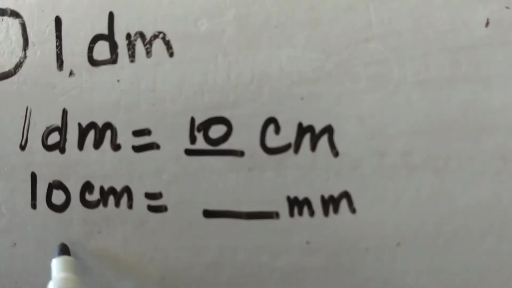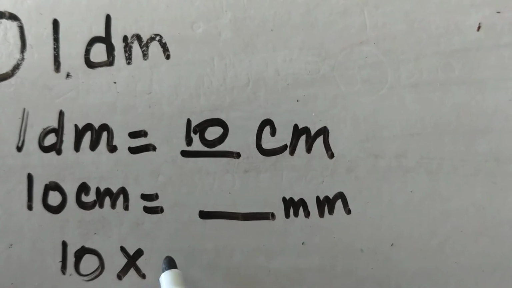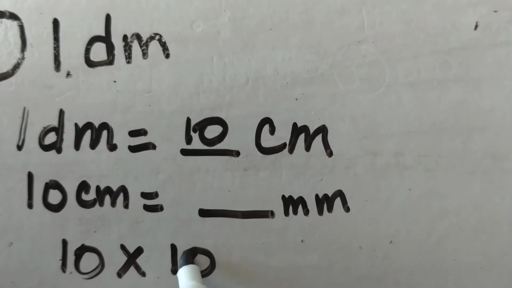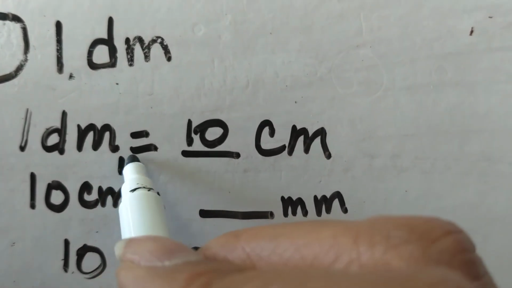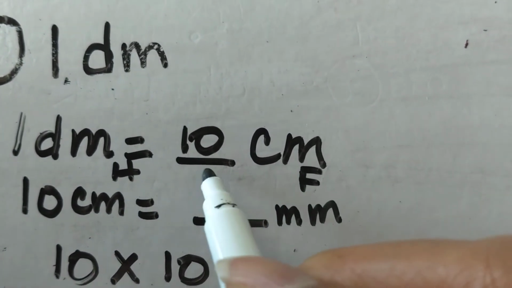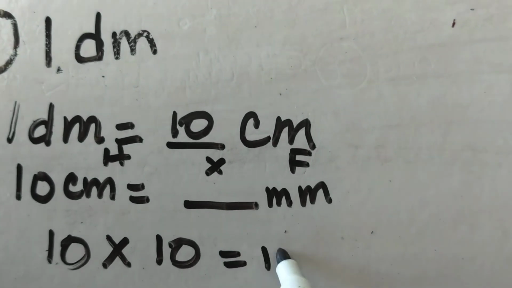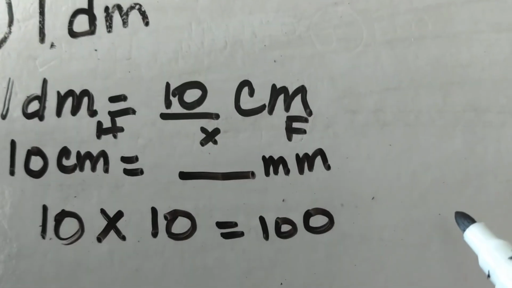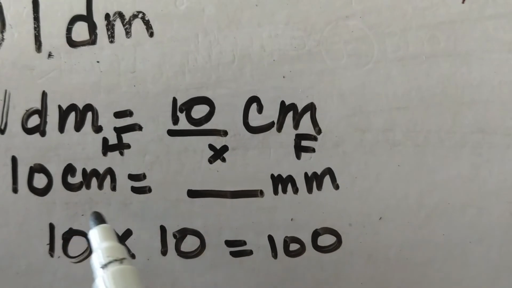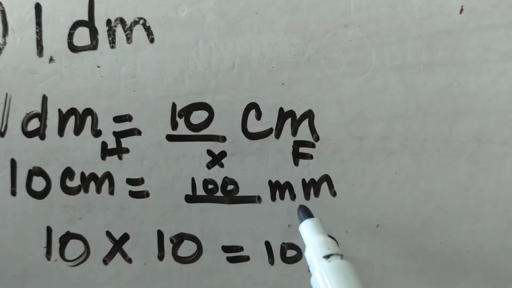So we're going to multiply 10 times what? 10. Why did we multiply? Because we went from horse to fly. Multiply, right? And 10 times 10 is equal to, you're right, 100. So now 10 centimeters equals 100 millimeters.